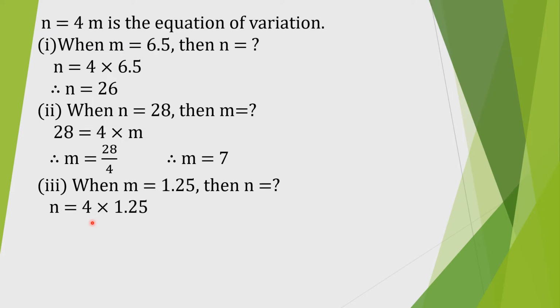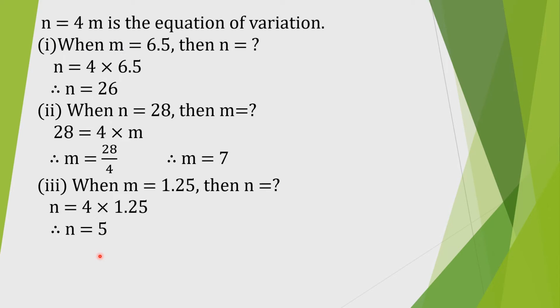Now here how many digits after decimal? 2 digits. So moving from right to left, you'll place the decimal point after 2 digits. So you'll get 5.00. So you'll get value of n is equal to 5. Is it clear, students? Now you will complete the table again.